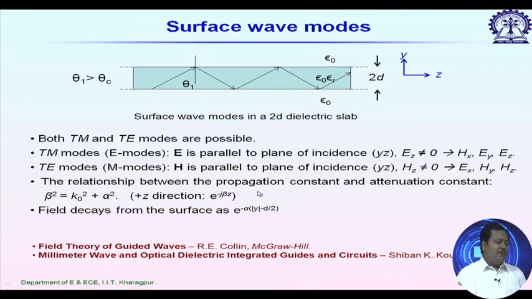The relationship between the propagation constant and attenuation constant can be given as beta square equal to k naught square plus alpha square in z direction, and the field decays from the surface as e to the power minus alpha, y minus t by 2. So, mostly the electric or magnetic field components will be inside the dielectric. If we go above this dielectric inside air, or below this dielectric, the electric field or magnetic field components decay exponentially.